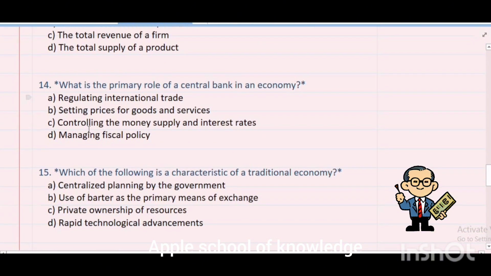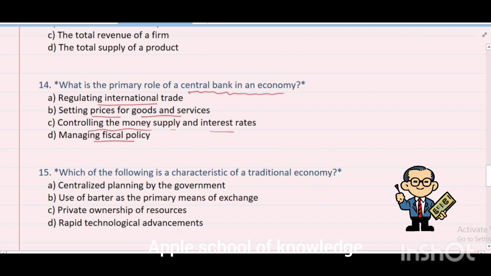Let's move on. We have MCQ number 14. What is the primary role of the central bank in the economy? We have four options: regulating international trade, setting prices for goods and services, controlling the money supply and interest rate, and managing fiscal policy.